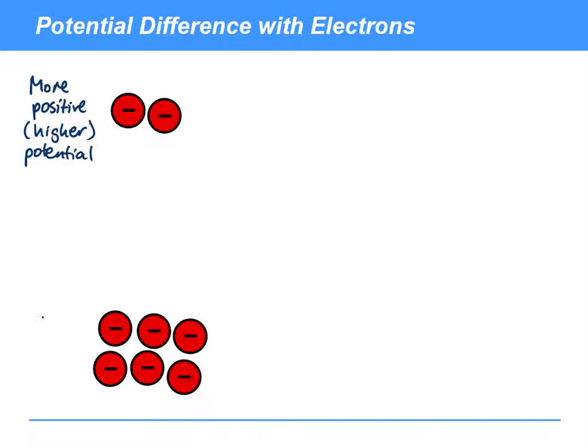And this one here will be a more negative, or lower, potential. So in this situation we still would have a potential difference.